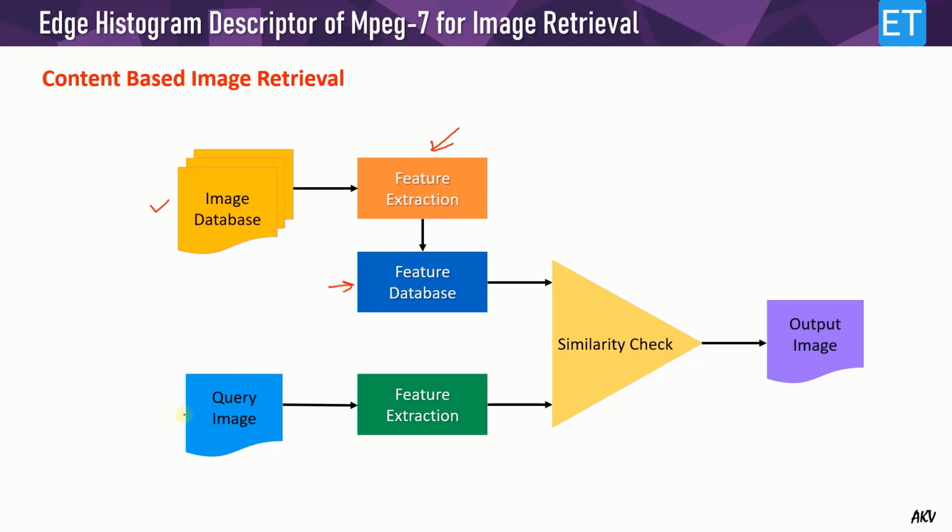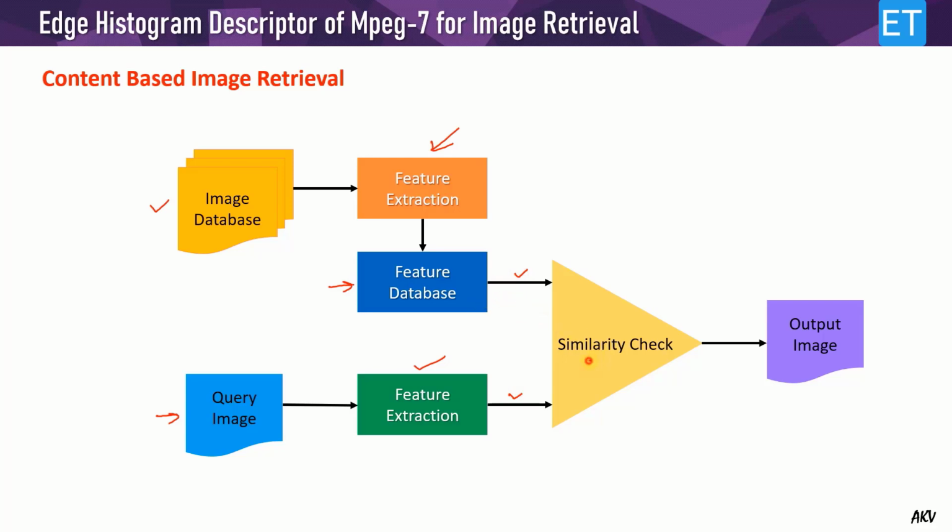Now if we give a query image to the system for the image retrieval, we extract the same features of this image using the same feature extraction algorithm. Once this feature is calculated, this is compared with the previously stored image features in the database.